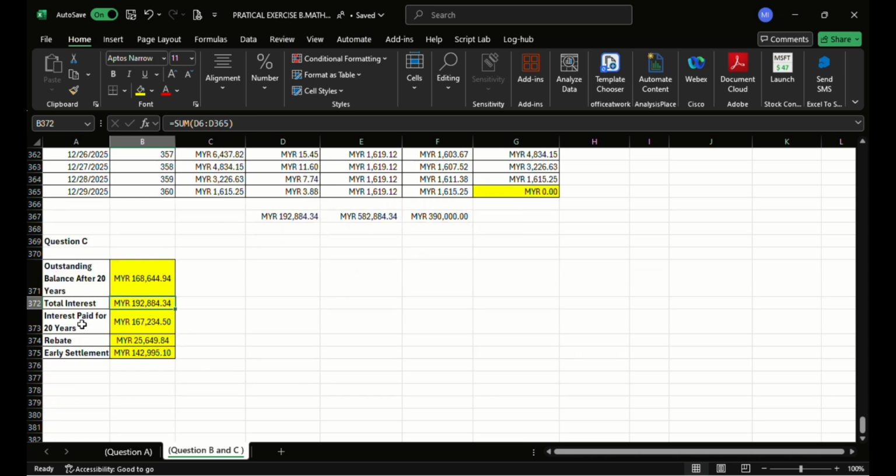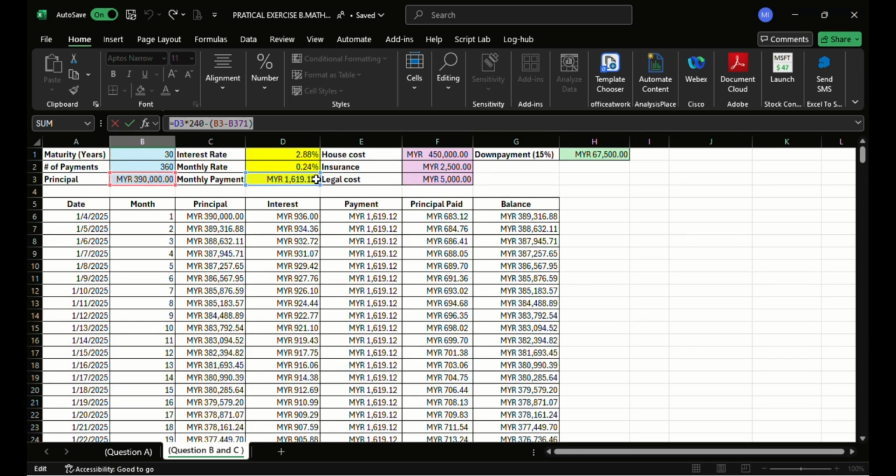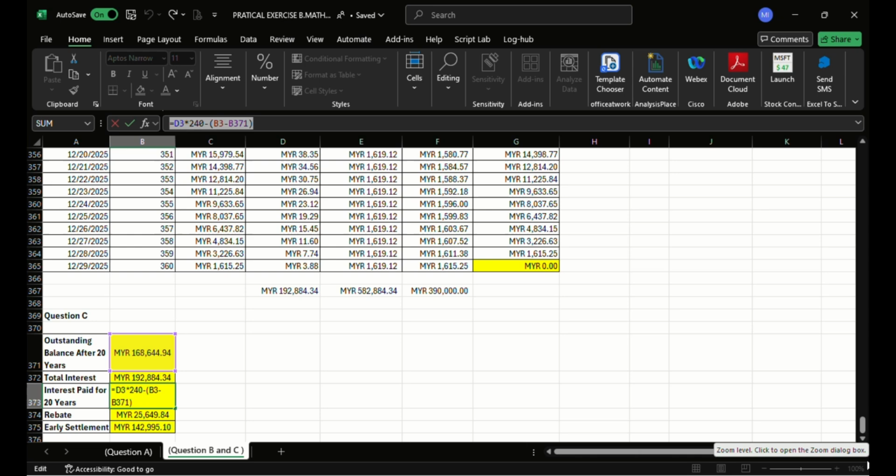After that, you need to calculate the interest paid for 20 years. Just look at D3, which is the monthly payment, times 240, which is 20 years, since 240 months is 20 years.